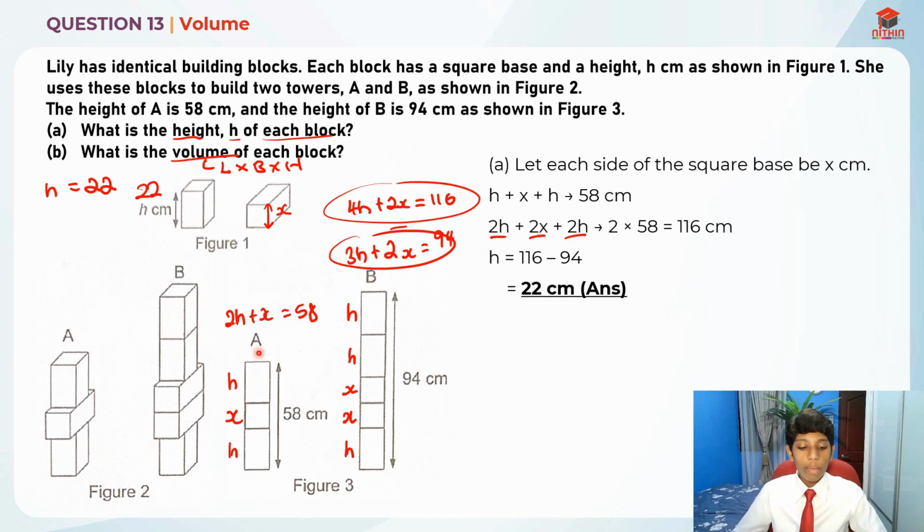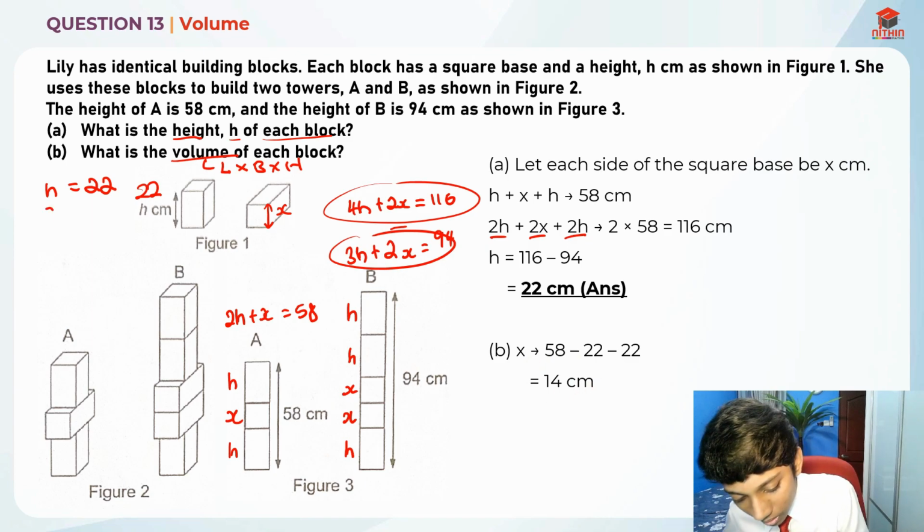To do that, I'm going to take tower A, 58 minus 22 minus 22, which gives us x. So x is 14 cm.